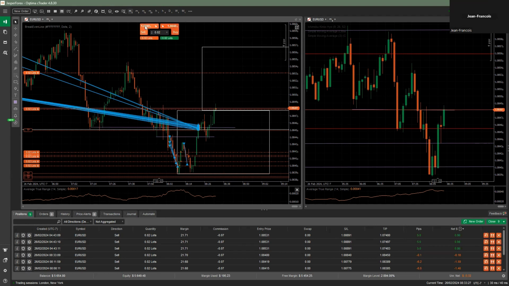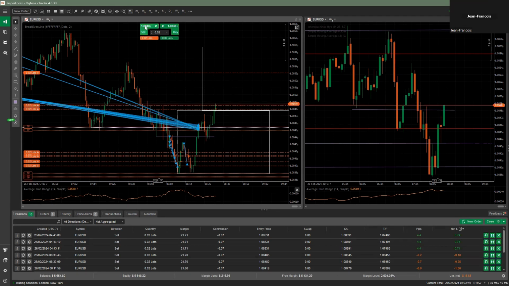If it pushes even higher, I'll sell more. Rinse and repeat. It's averaging 2 boxes together. That's kind of the idea. There's 2. There's a 3rd one.